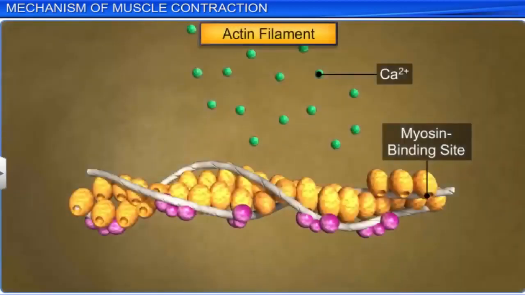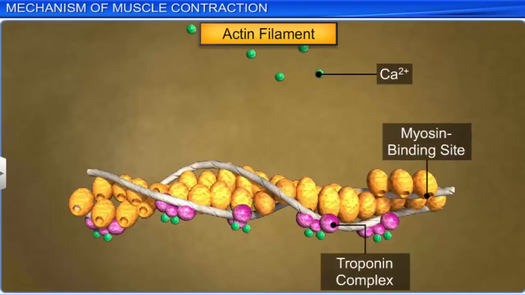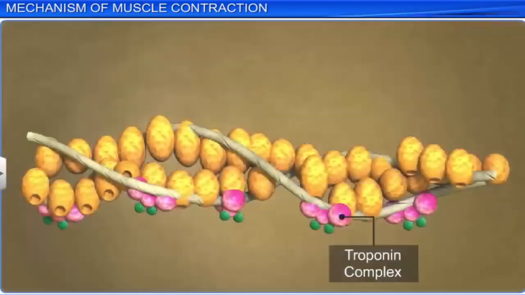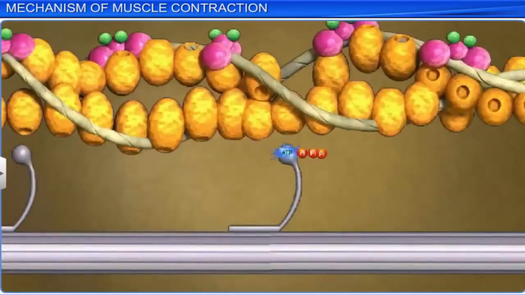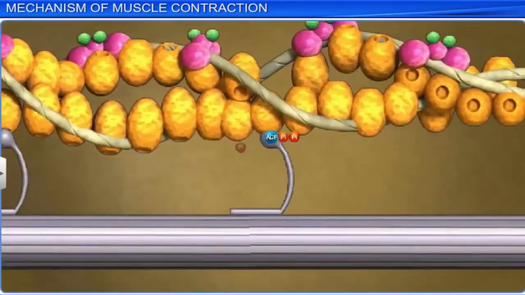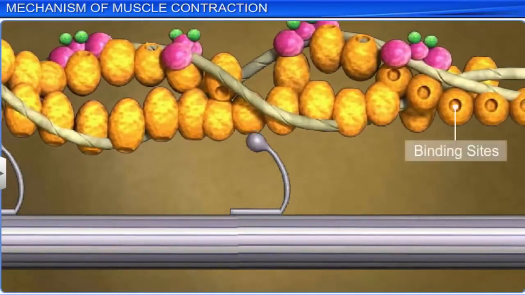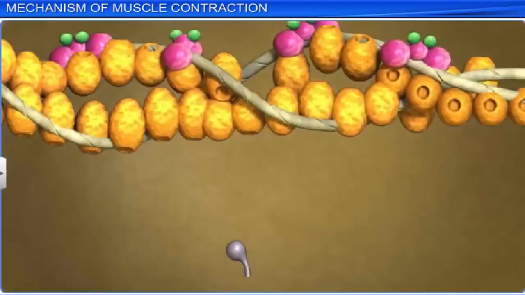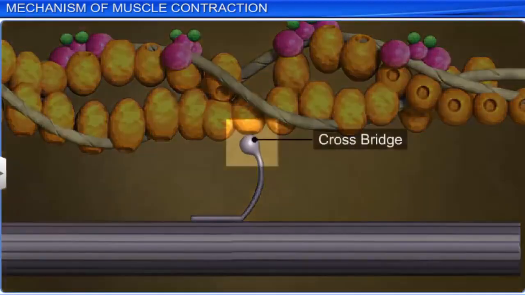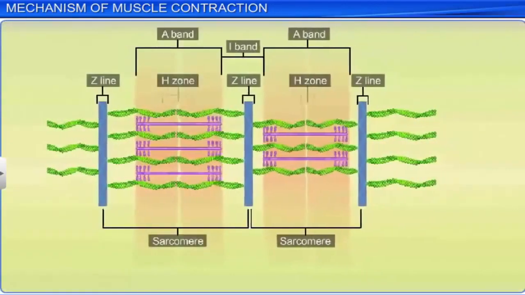The calcium ions further bind to a subunit of troponin on the actin filaments, which causes the troponin to change conformation and move the tropomyosin. This unmasks the active sites on actin for myosin to bind to it after consuming energy released by ATP hydrolysis. Myosin binds to actin to form a cross bridge. These cross bridges are very important for muscle contraction.